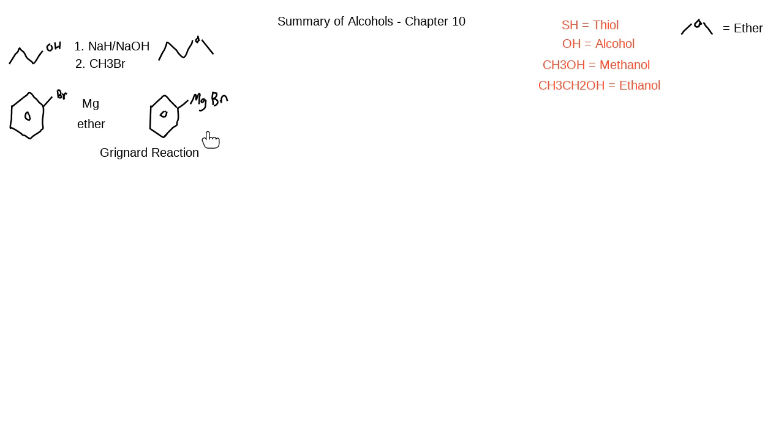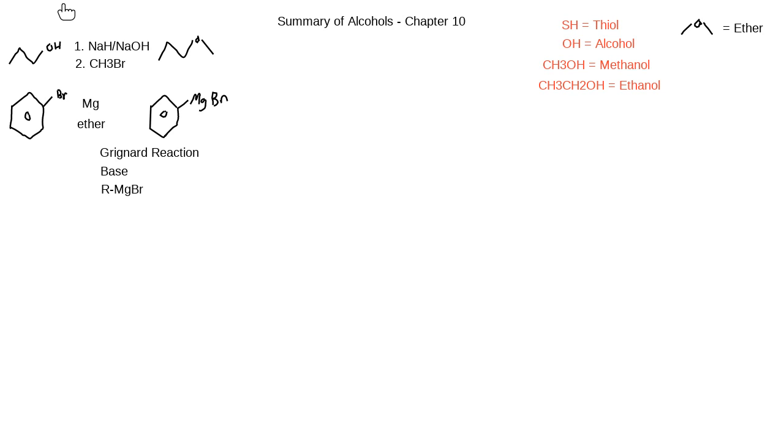This is essentially a nucleophile. Okay, so some key notes about Grignards are it's a base. That R group plus MgBr is always going to be a base. And like I said, anytime you see an R group bonded to MgBr, that indicates that you have a Grignard reaction occurring.